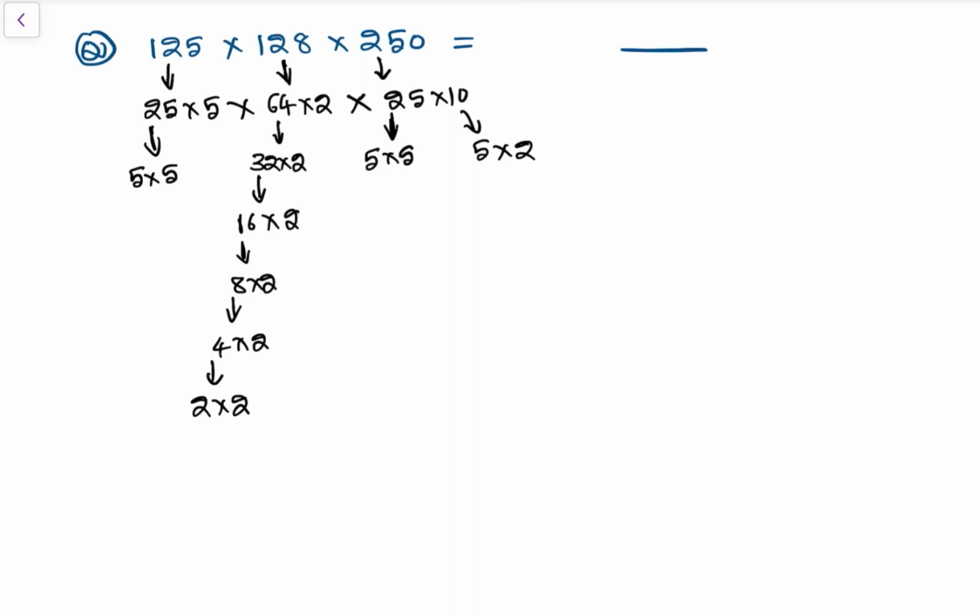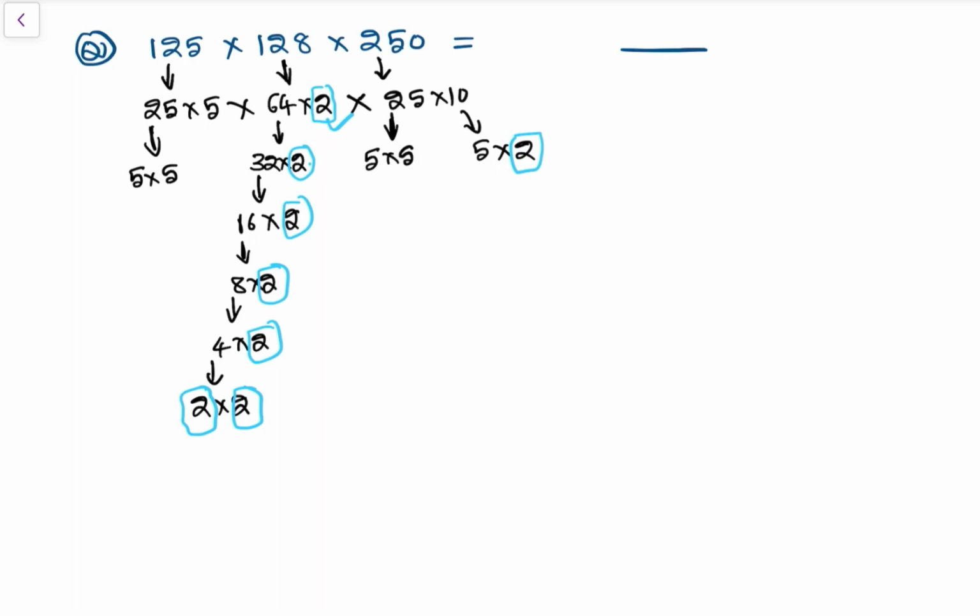So number of 2s here is, ये 25 में जो 2 आता वो नहीं, the unit 2s we need to count. So number of 2s here is 1, ठीक है, 2, 3, 4, 5, 6 and 7. So number of single 2 digits we need to count. ठीक है. So here then 1 2 is here.